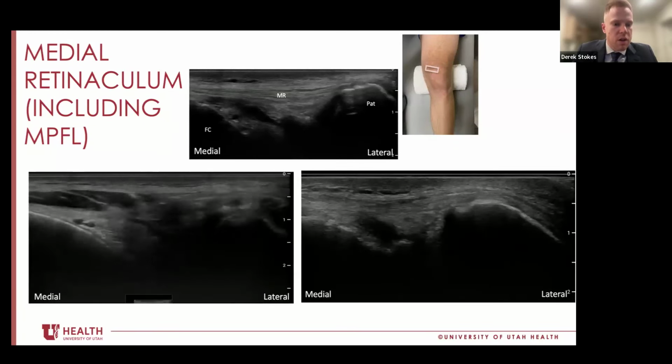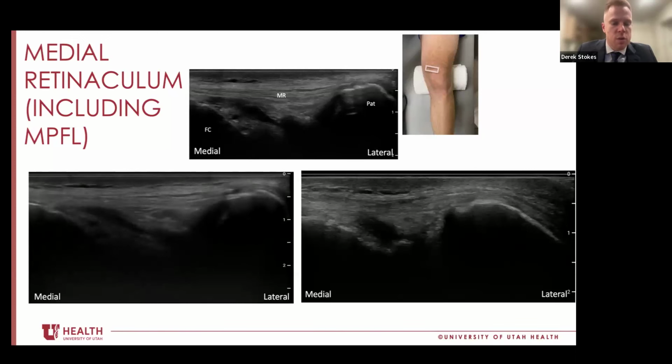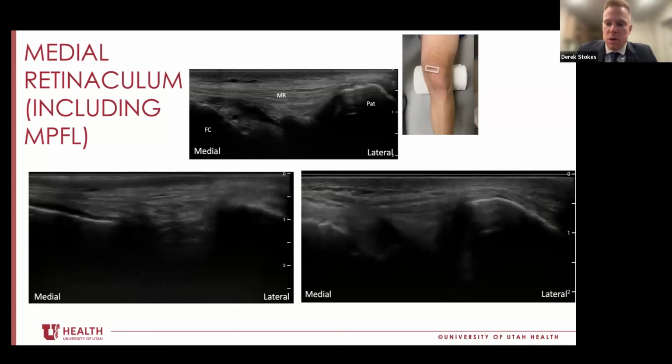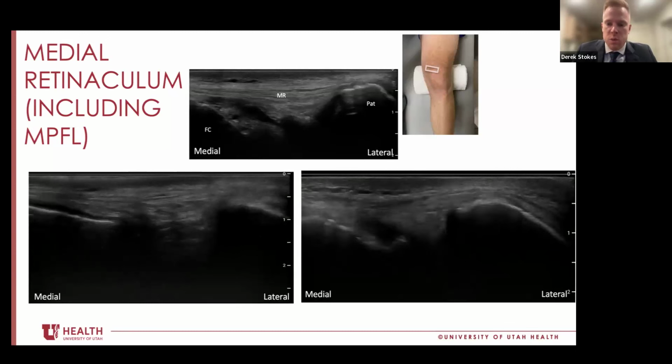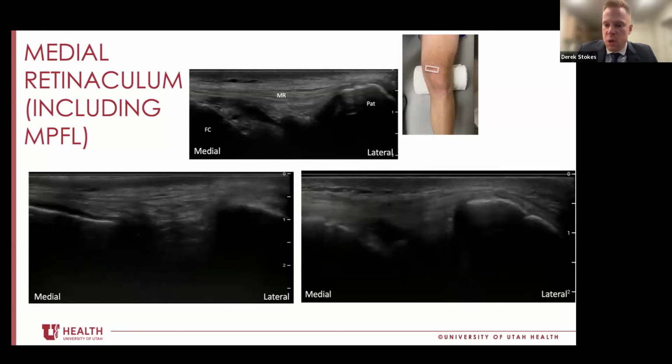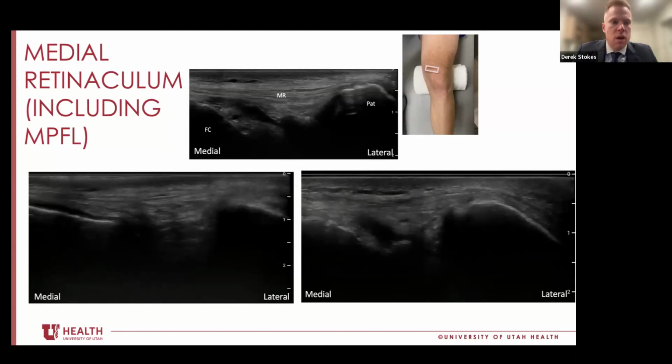We don't see any defects on this particular scan from proximal to distal, but we'll also evaluate with a little bit of a medial to lateral stress under dynamic ultrasound evaluation, looking for any gapping or defects within these fibers that could indicate patellar instability secondary to a medial retinaculum defect. In this case, we can see those fibers tensioning appropriately under a little bit of stress, and therefore the medial retinaculum is normal in this case.